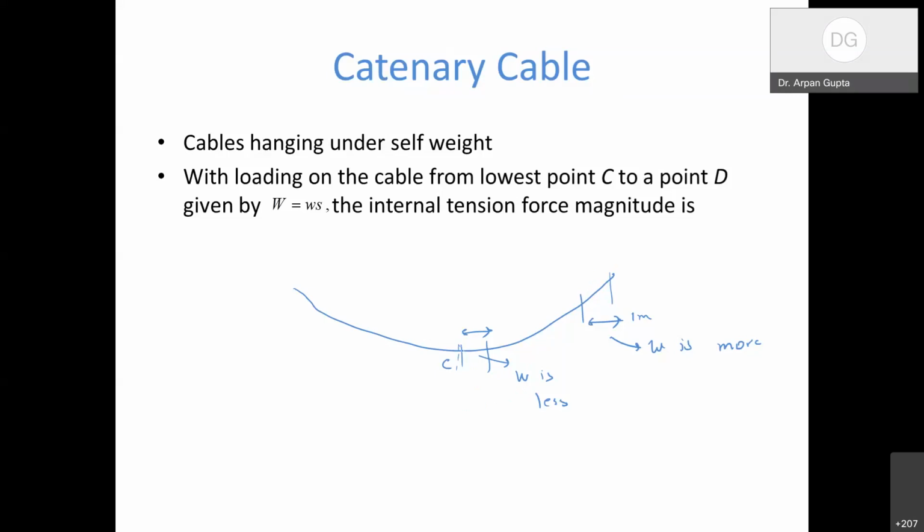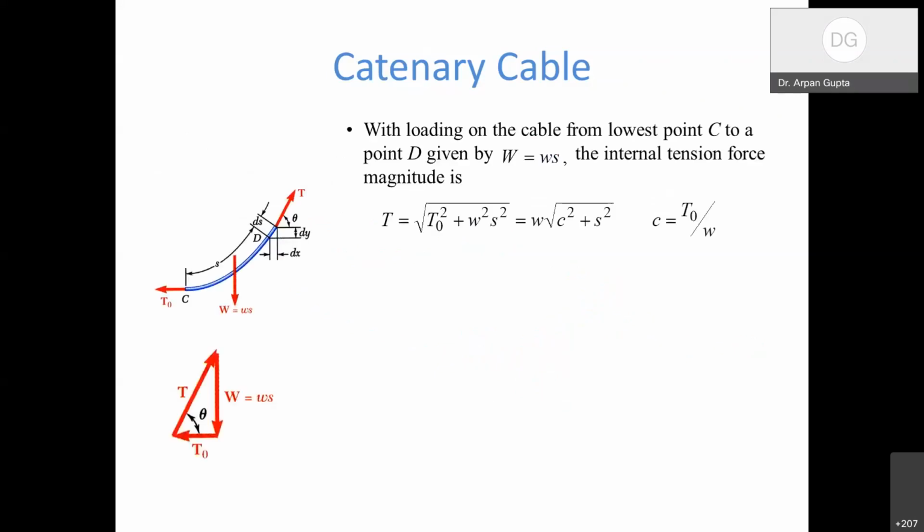This load is proportional to the length of the cable, which is different at different points, because here the slope is more, here the slope is 0. So this load is measured by distance s, which is the arc length. This s here, what you are seeing, is your arc length, which is different at different points.